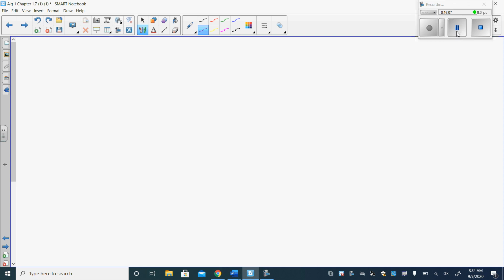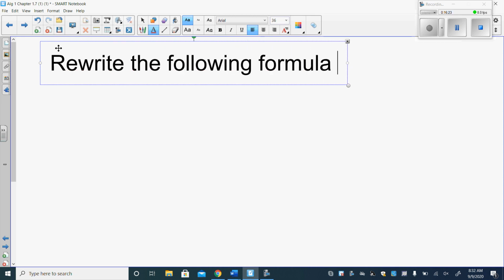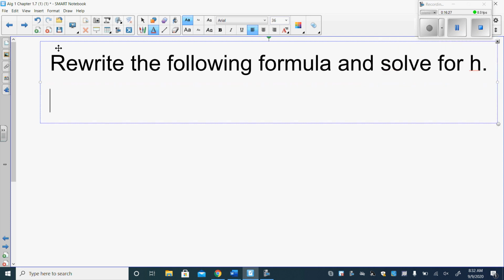Now we're going to do another one here. So the next one we're going to do is, again, rewrite a formula solving for h. So our formula is s is equal to 2 pi r squared plus 2 pi r h.